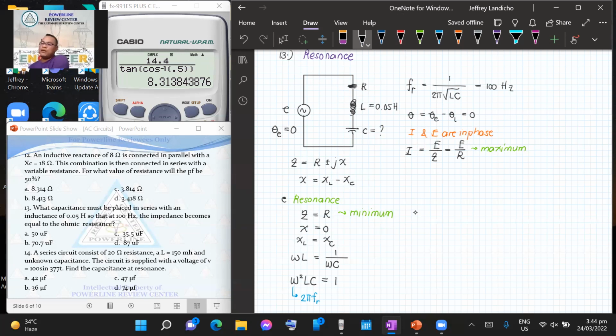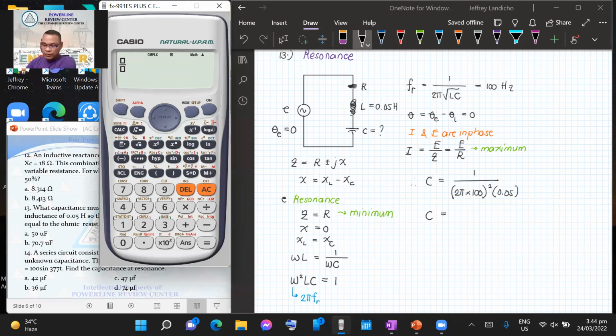So what would be our capacitance? Okay, so using this equation, omega squared LC is equal to 1. Therefore, finding the required capacitance for resonance, it should be 1 over omega, which is 2 pi times the resonance frequency of 100, quantity squared. Ano yung ating inductance? 0.05.